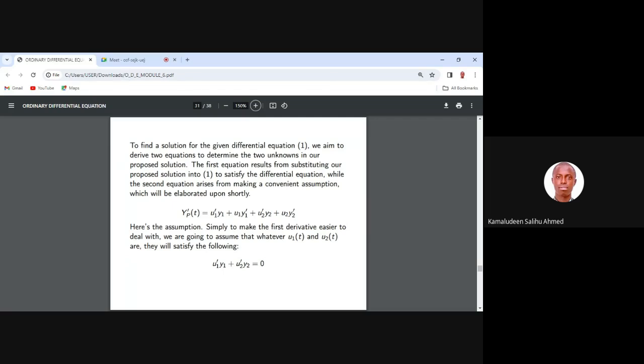Simply to make the first derivative easier to deal with, we are going to assume that whatever u1 of t and u2 of t are, they will satisfy the following. Look at it here: u1 prime y1 plus u2 prime y2 equals 0. If it equals 0, what will happen? Please, let's take time and look at it very well.